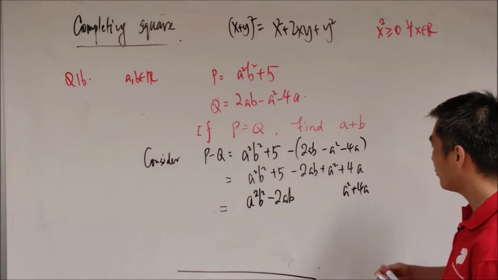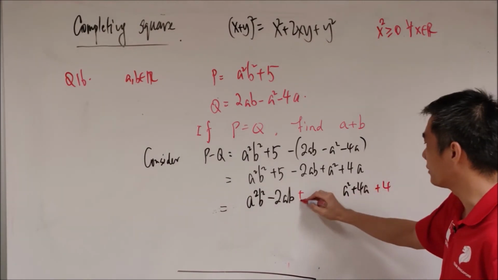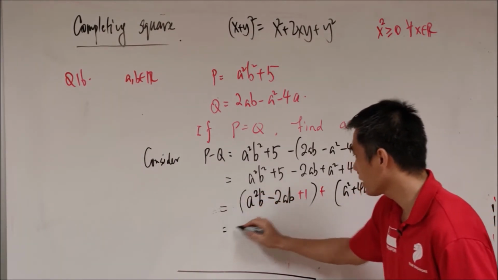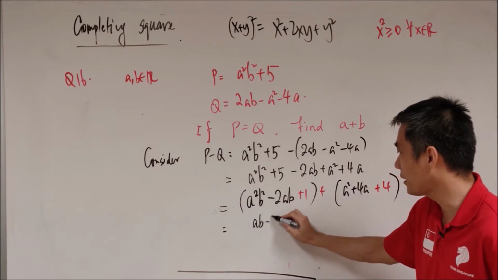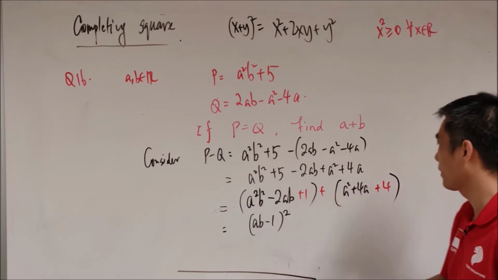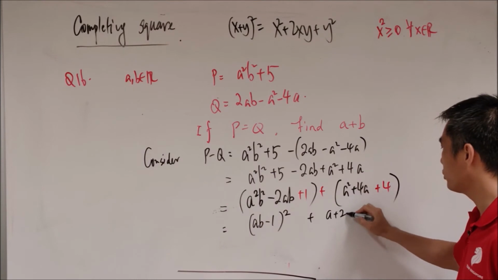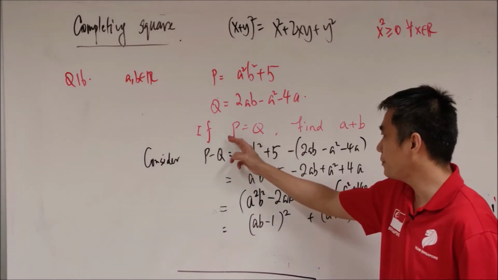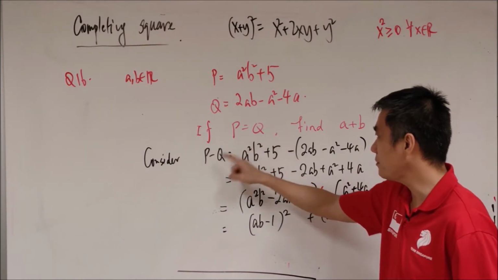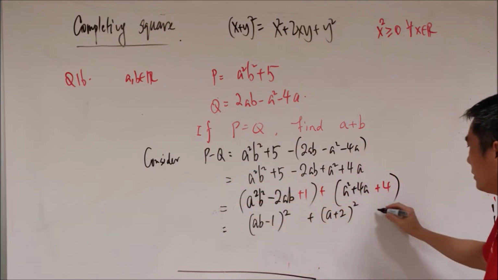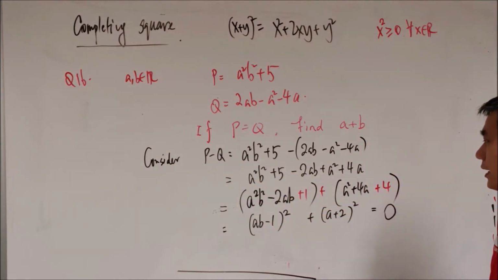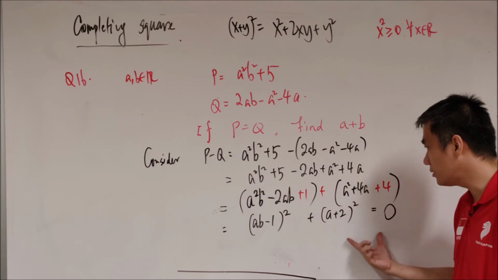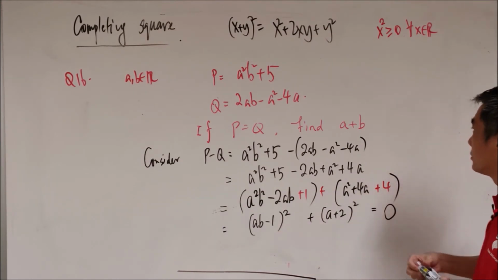I'll write 5 as 4 and 1. And we can see that this is equal to (AB minus 1) squared and this is (A plus 2) squared. If P equals Q, then P minus Q must equal 0. Again, if this equals 0, each of these must be equal to 0.